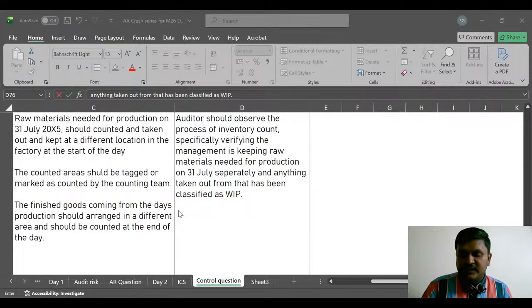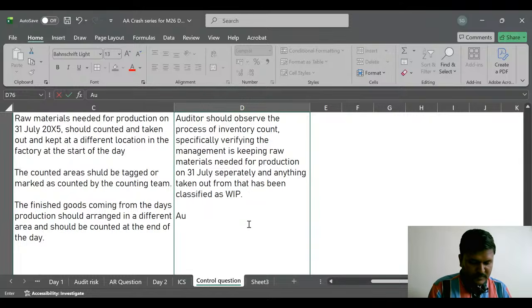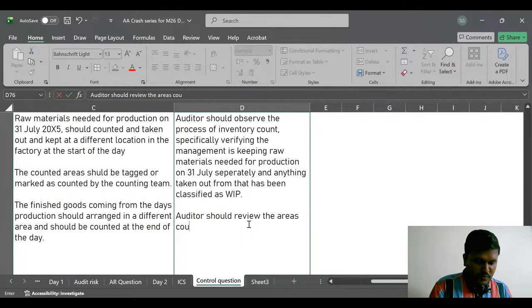So the auditor should review that the areas counted have been marked as counted by the count teams.